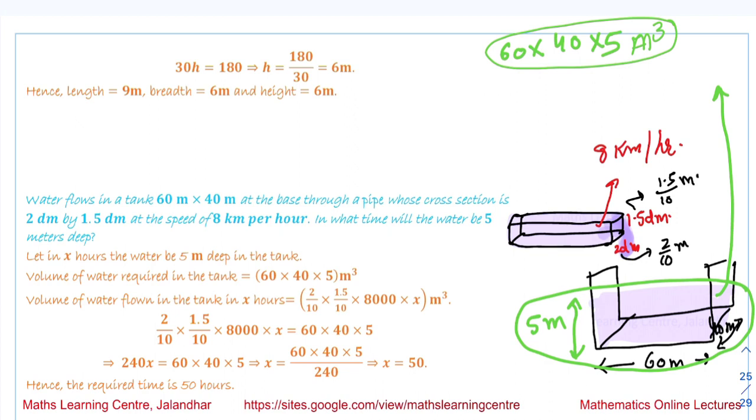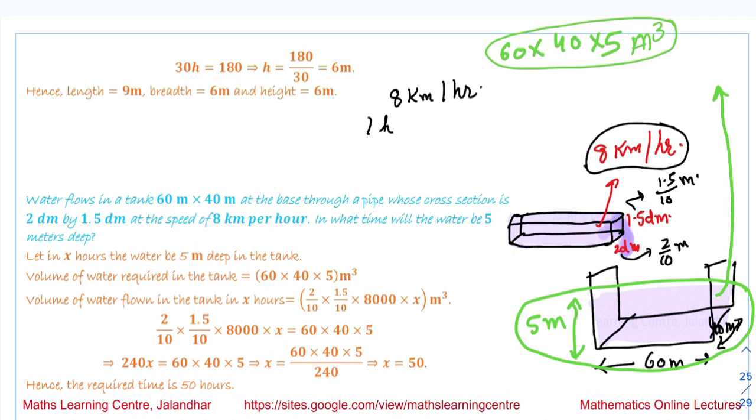So we are saying the amount of water that will flow in X hours we have to calculate. So the amount of water that is flowing in X hours, we are saying the distance it is traveling is 8 kilometer per hour.